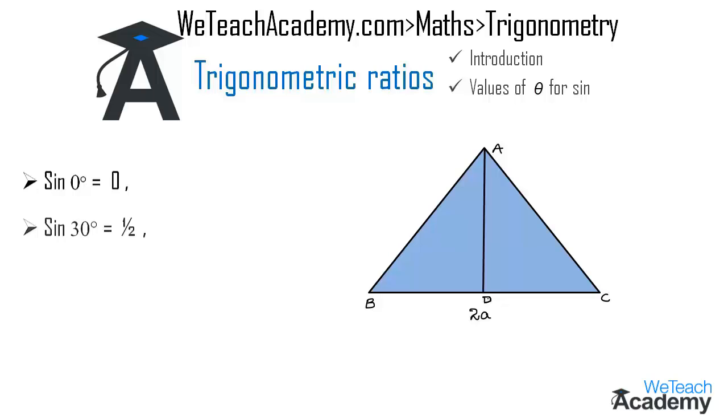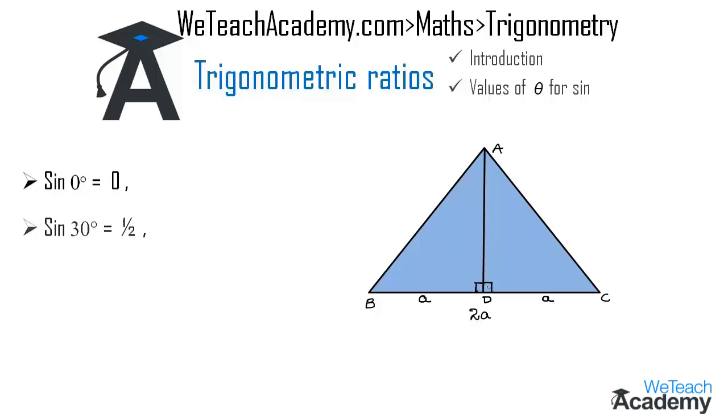Then AD bisects the side BC and also the angle A. Hence we get BD is equal to DC, which is A, and angle BAD will be equal to angle CAD.